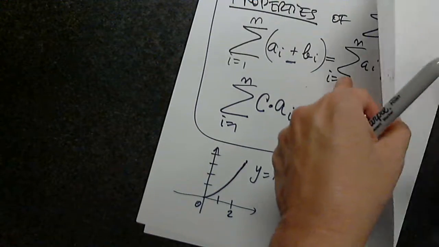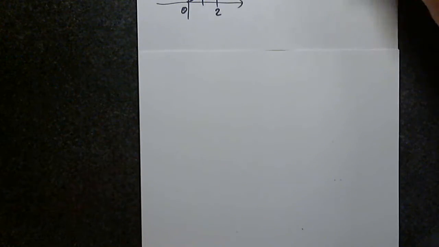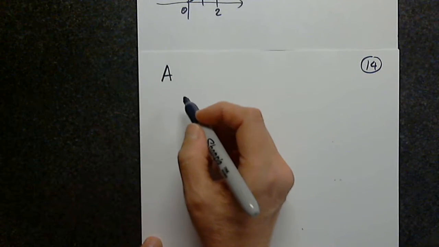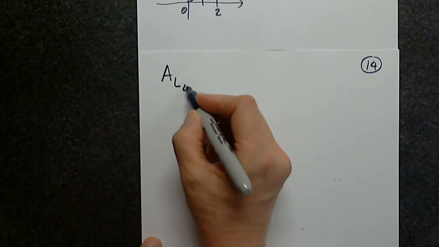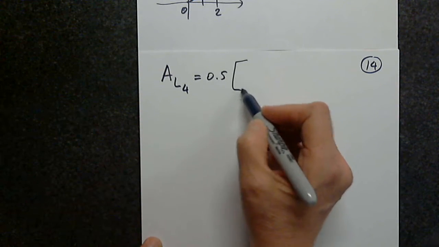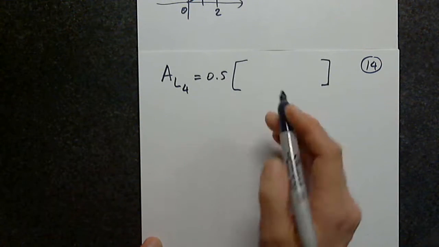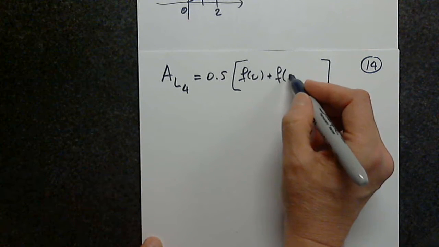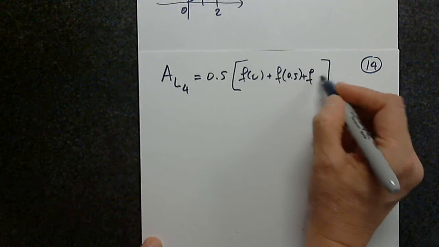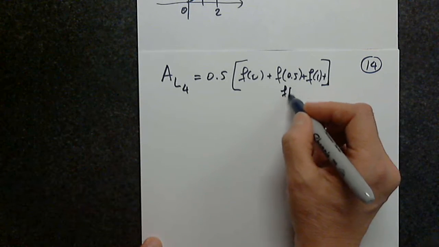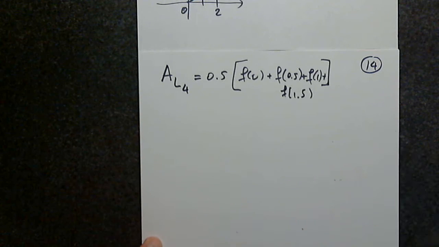So we wrote that the area, let's say with the left endpoints, was 0.5 times, in parentheses, f of 0 plus f of 0.5 plus f of 1 plus f of 1.5, of course.